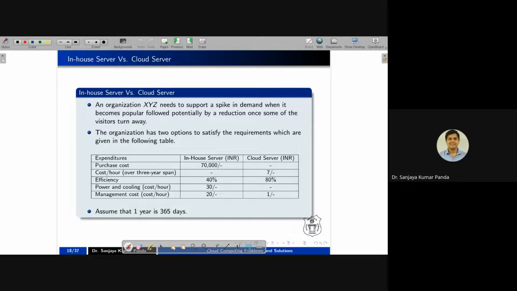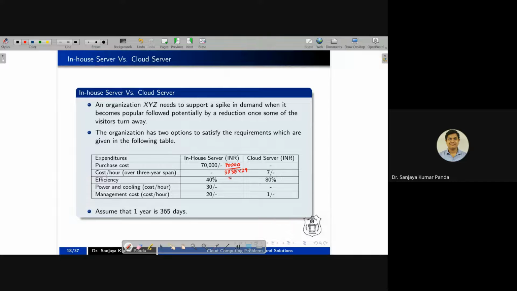So what can we do here? I can write 70,000. Let me solve here. It is 70,000 divided by 3 years, which means 3 into 365 into 24. Then you will get the cost per hour.